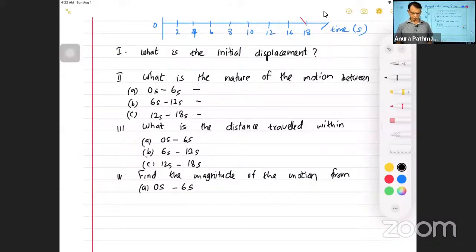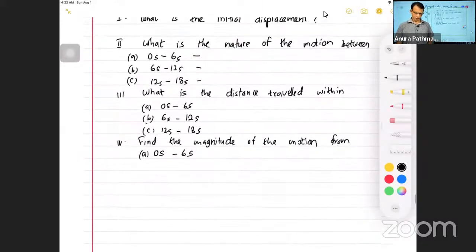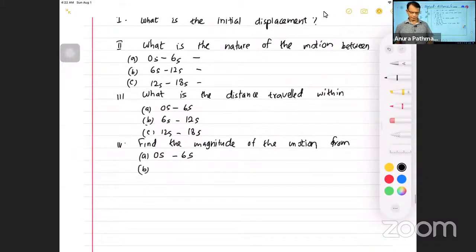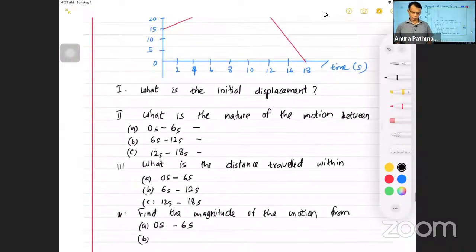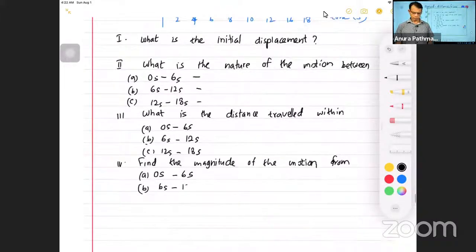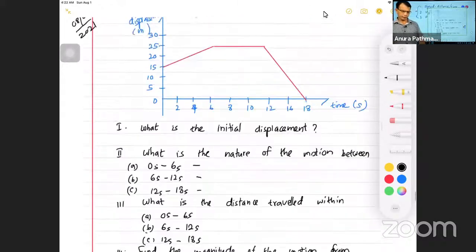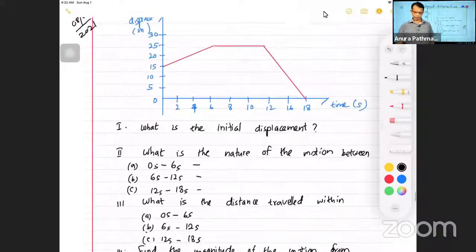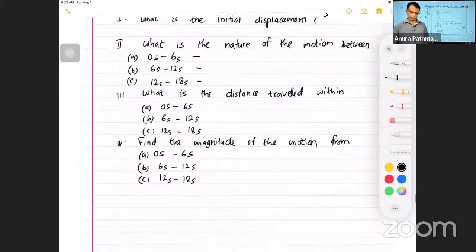That's A. And B, 0 second to 12 second. C, 12 second to 18 second.